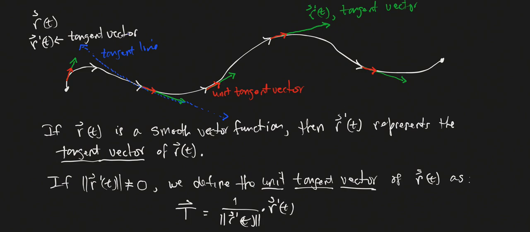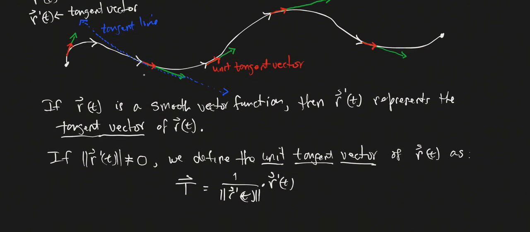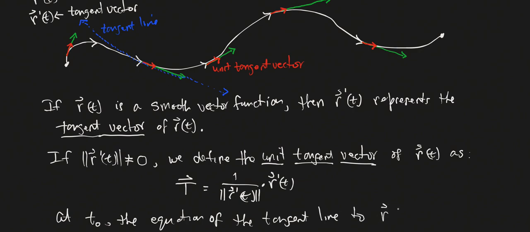So let me actually write down, because there is a nice formula that can be used for the tangent line. But for that, again, we need a specific point. At t, let's say t0, the equation of the tangent line to r of t is given by, right?